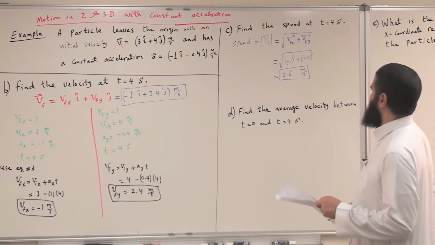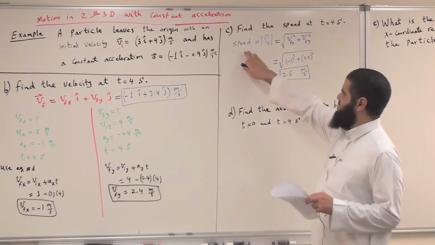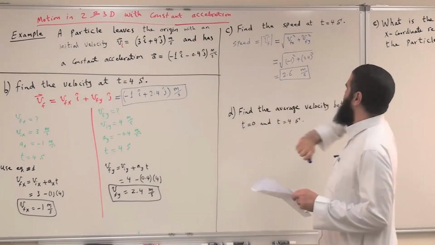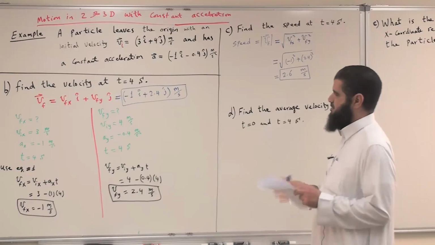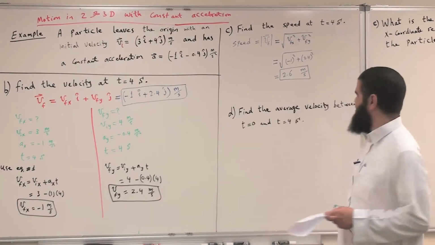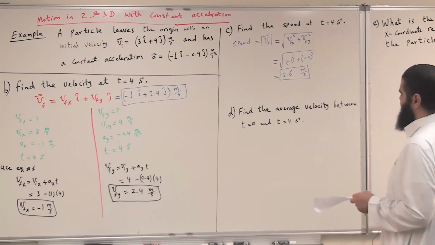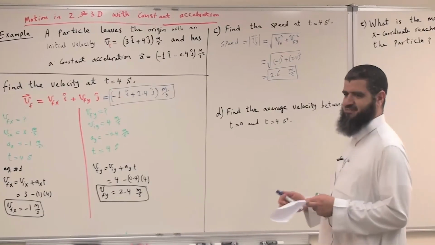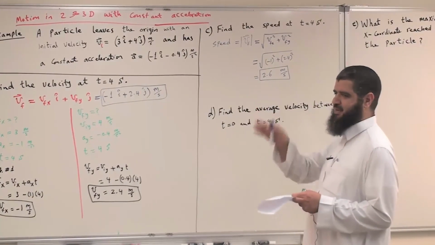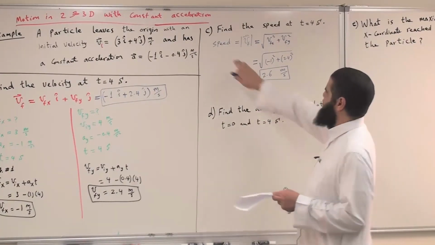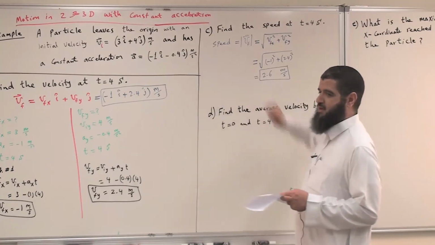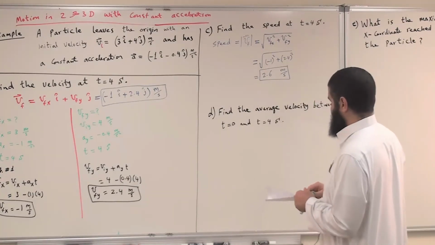By the way, the speed is always positive, okay, because it is the absolute value or the magnitude of the velocity vector. Okay, because in mathematics you have studied that the square root can have positive and negative, but we will choose only the positive quantity.